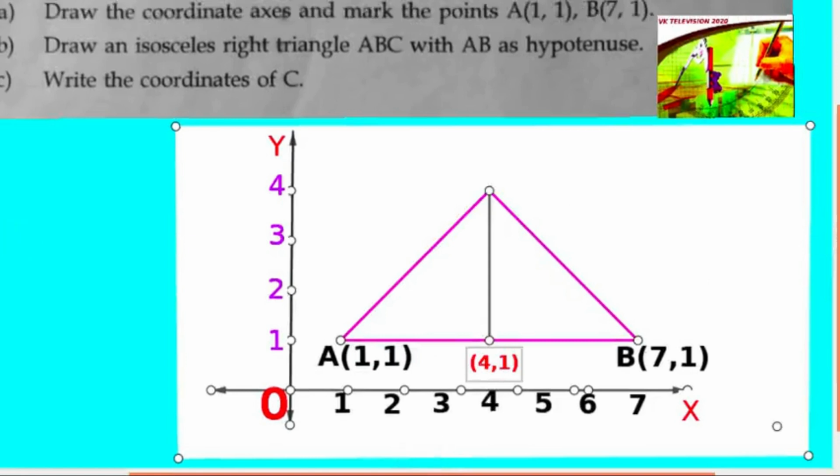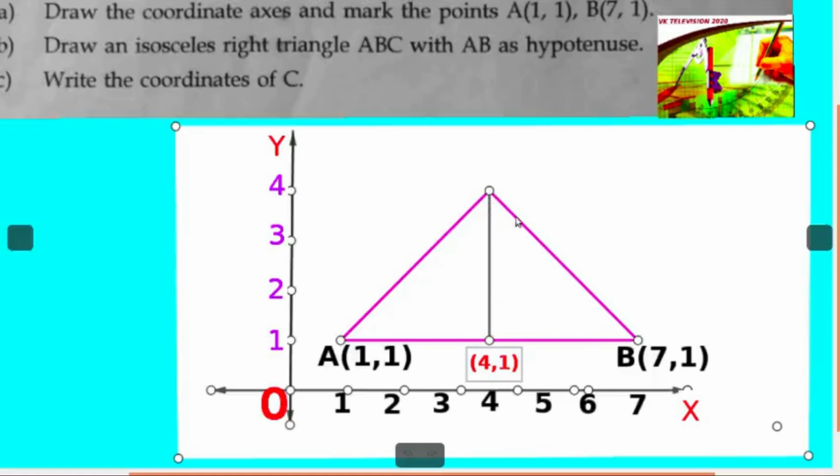We have to find out an isosceles right triangle ABC with AB as a hypotenuse. So this angle must be 90 degree. Since it is isosceles, these two sides are also equal, so these angles must be equal.